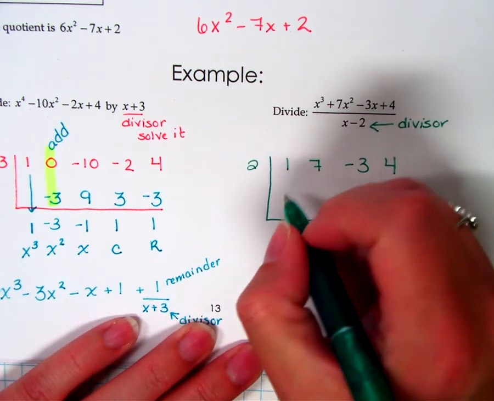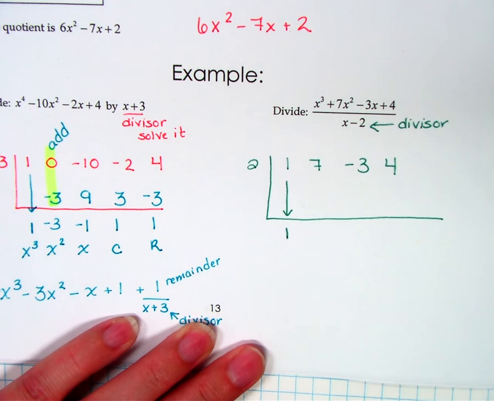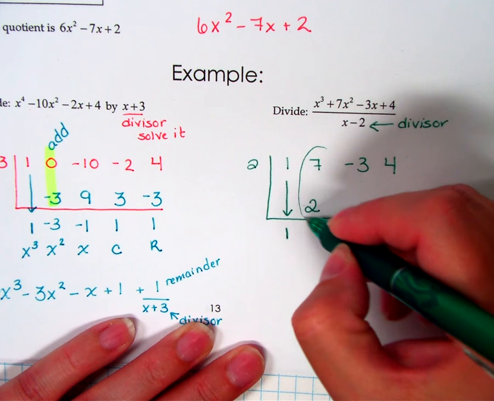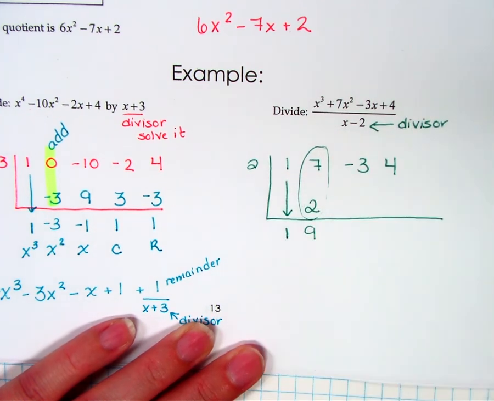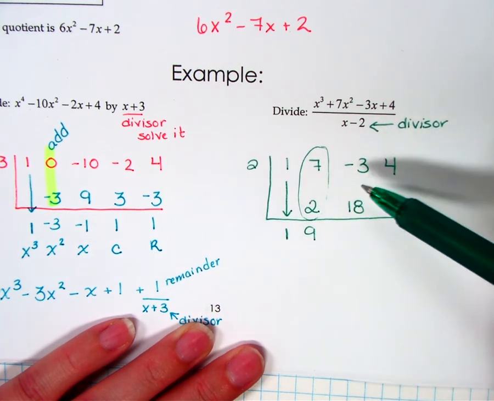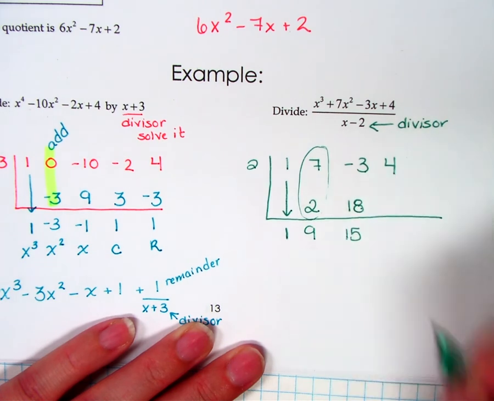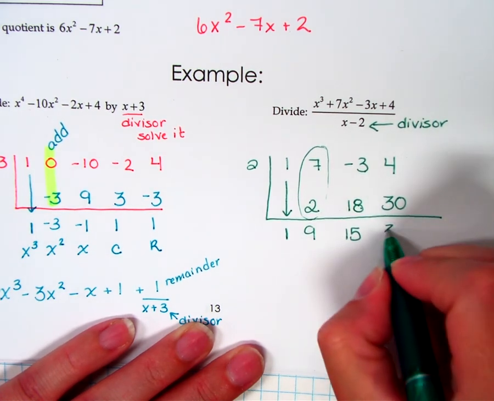Okay. So first step, take the 1 down. Second step, 2 times 1, 2. We're going to add those. 9. What's next? 18. Negative 3 plus 18?